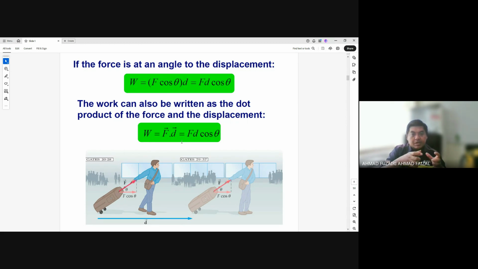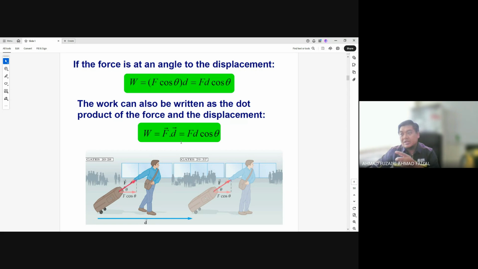We need to know that work is not just force times displacement; you should understand that it is the component of force that is parallel to the displacement. That is the real definition of work. Work is the component of force that is parallel to the displacement.